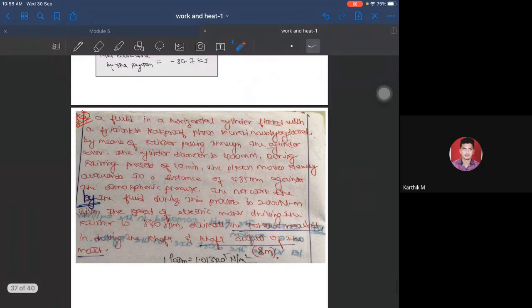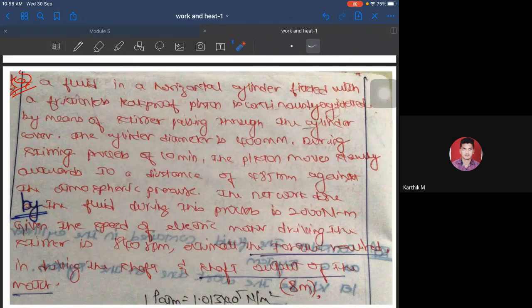A fluid in a horizontal cylinder fitted with a frictionless leak-proof piston is continuously agitated by means of a stirrer passing through the cylinder cover. The cylinder diameter is 400 mm. During the stirring process of 10 minutes, the piston moves slowly outward to a distance of 485 mm against the atmospheric pressure.